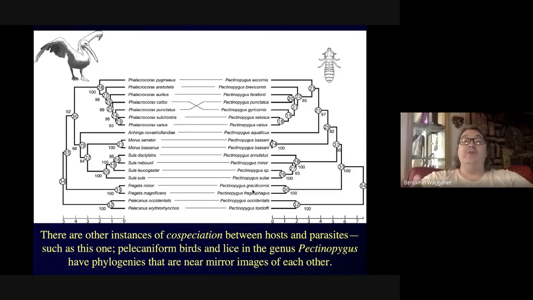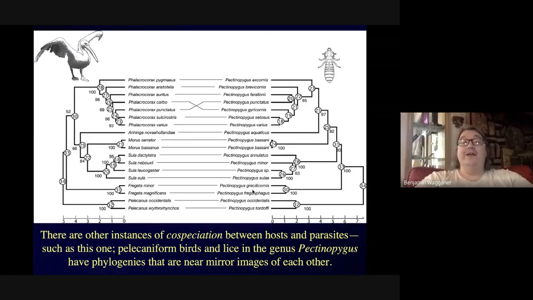And they're almost exact mirror images of each other. If you see that place where lines cross, there's kind of an X in between. There's only one point where it looks like there might be a host switch.